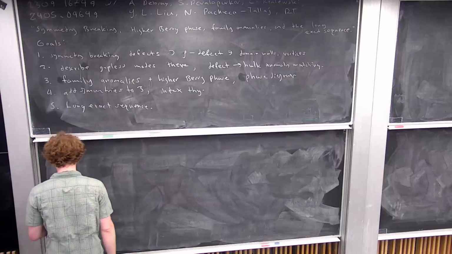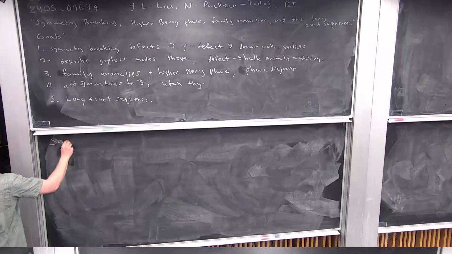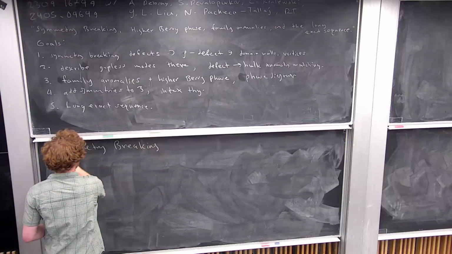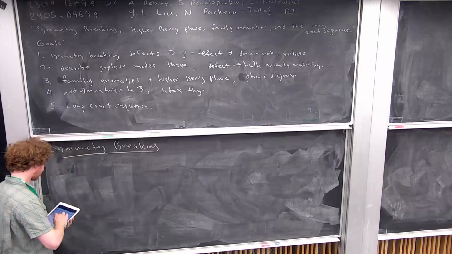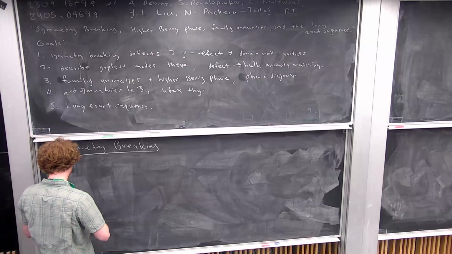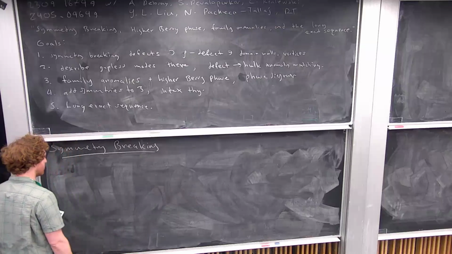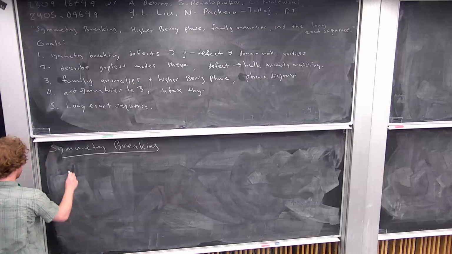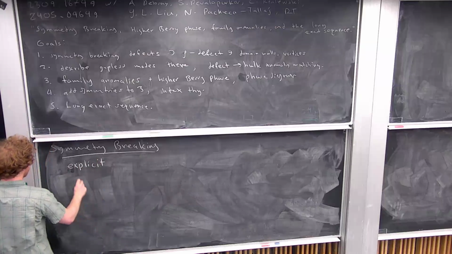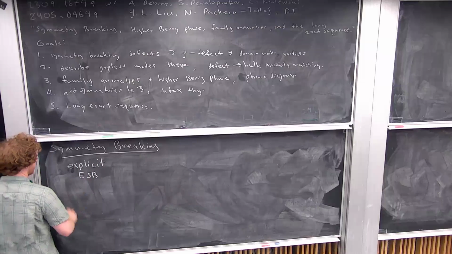So let's talk about symmetry breaking. Symmetry breaking is pretty fundamental in physics, and I would roughly divide it into 3 types. You have explicit symmetry breaking, which I'll call ESV.